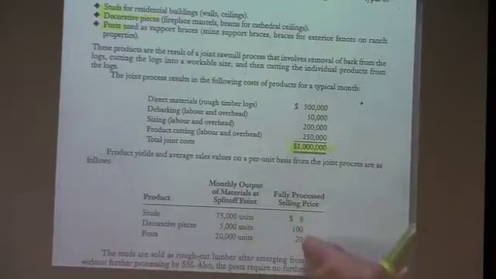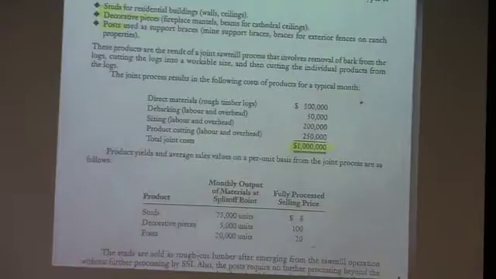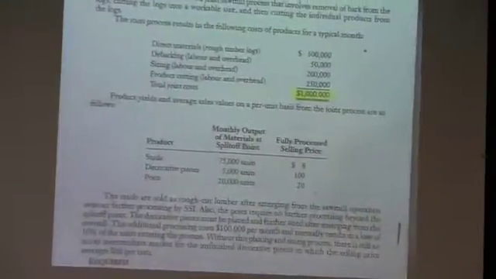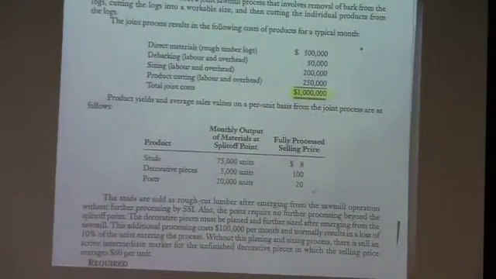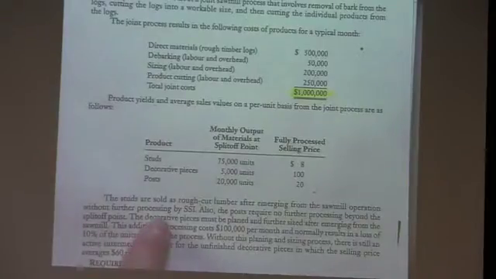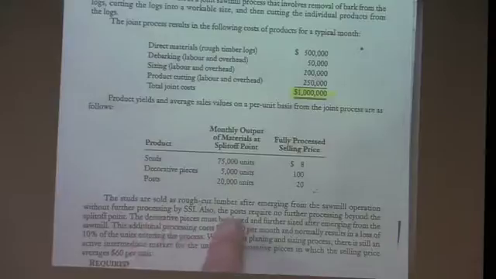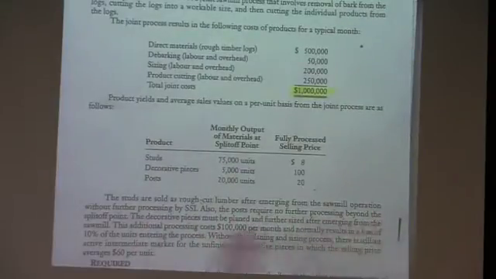And these are the selling prices of each. The studs are sold as rough-cut lumber after emerging from the sawmill's operation without further processing. The post requires no further processing beyond the split-off point as well.